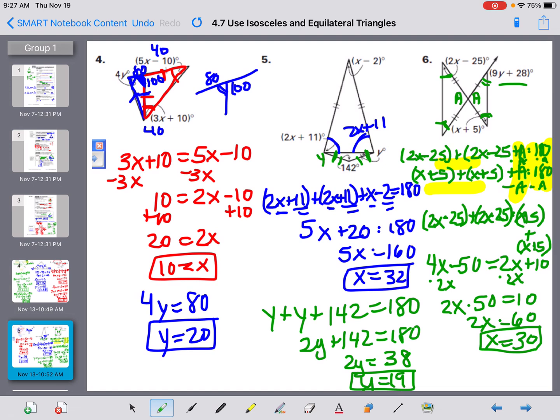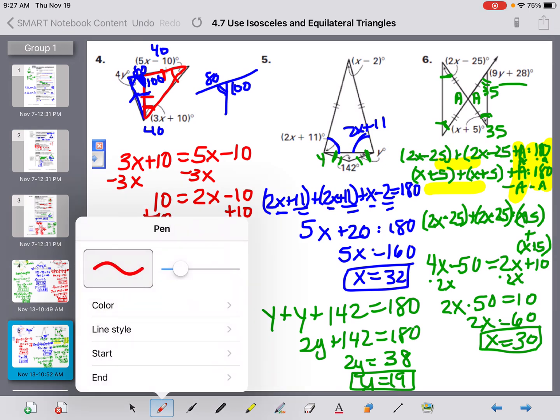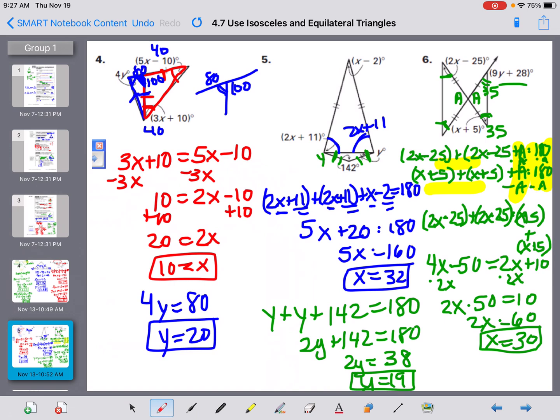We still have a y up there. If x equals 30, this little angle down here is 35, and so is this one up here. And if I look at these together, I know that these angles here together equal 180. So I can do 35 plus my 9y plus 28, and it's going to equal 180.